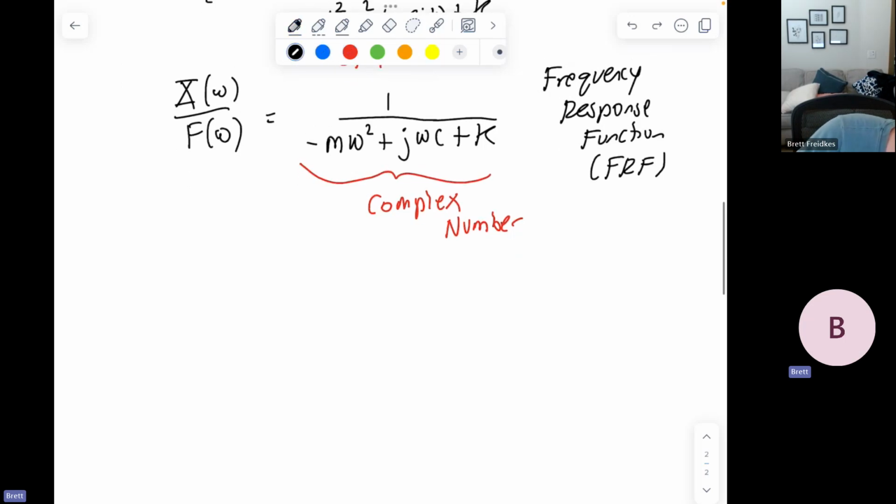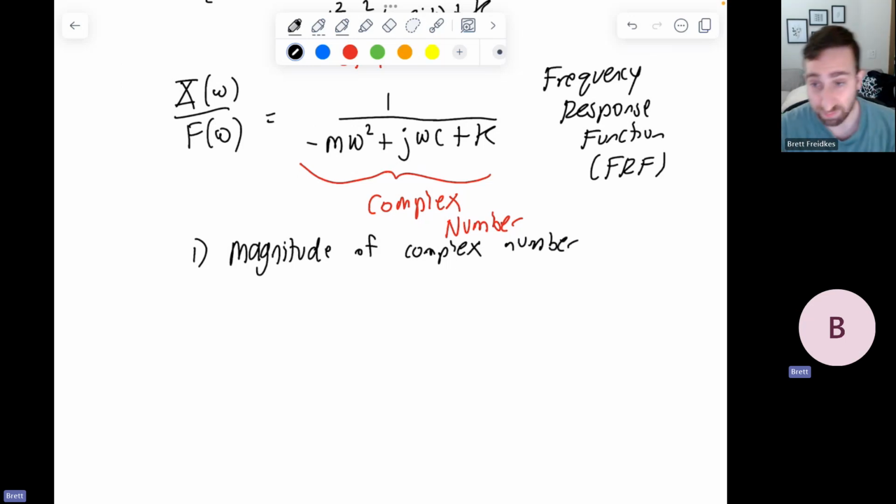First, the magnitude of the complex number is buried inside. And this is the ratio between the input force and the output displacement in this case. This is the ratio of output over input.